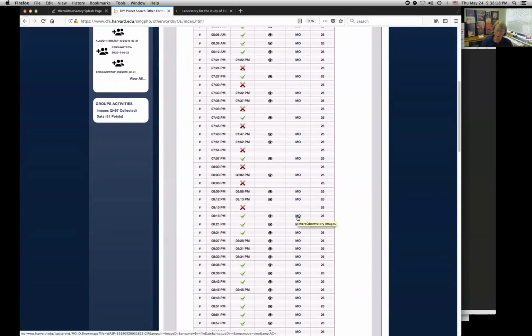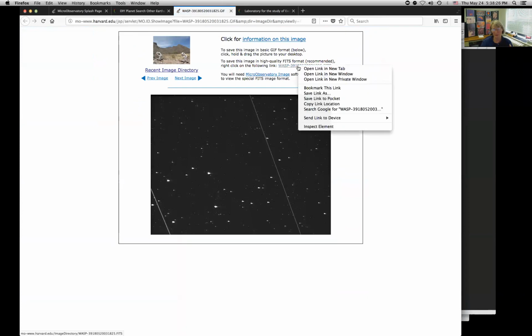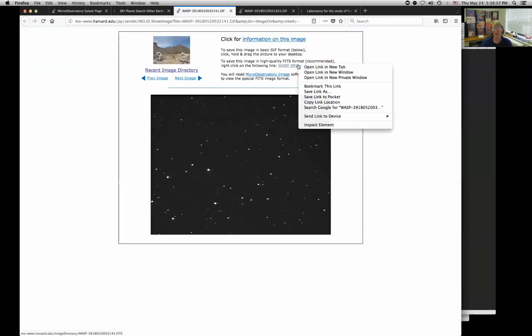And if you go to that MO link, there's the image, and here's the FITS file. And so you can right click, save link as on your own hard drive. Then you go back to the next one, click on it, save link. Unfortunately, you have to do these one by one.